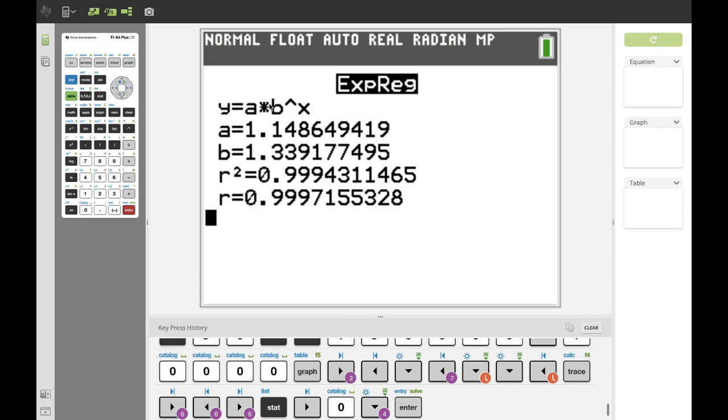Okay. Can we first interpret this one? In the calculator, it's generic y equals a times b to the power of x. But according to our given here, how do we rewrite this without substituting the values yet? What is our y again? How do we represent the y here?